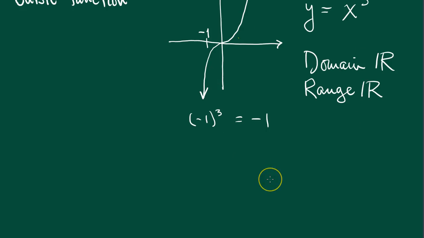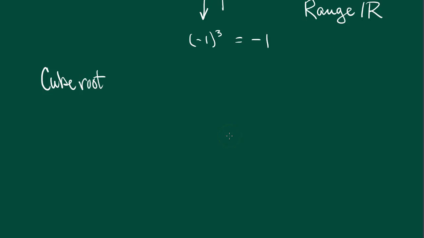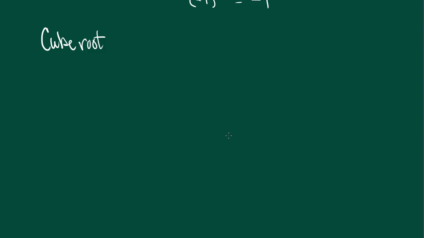Okay, now let's take the cube root. Now this looks a lot like the graph for x cubed, but it looks like it sort of turned on its side.